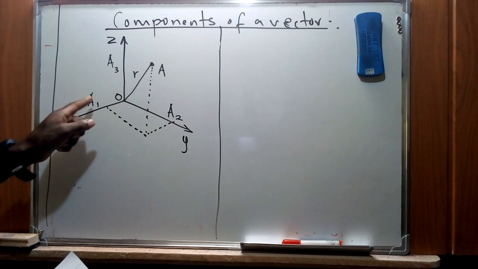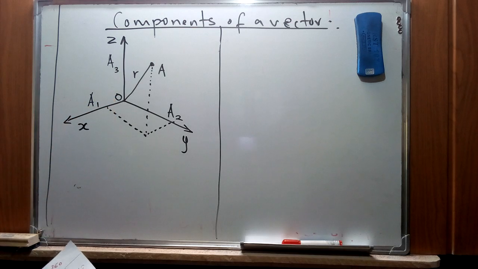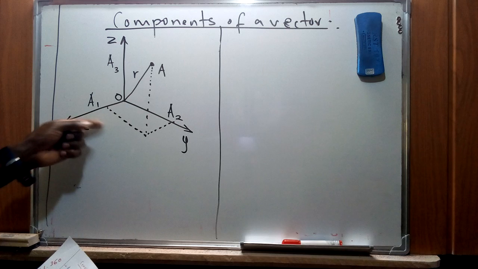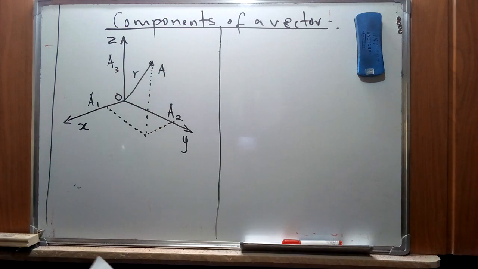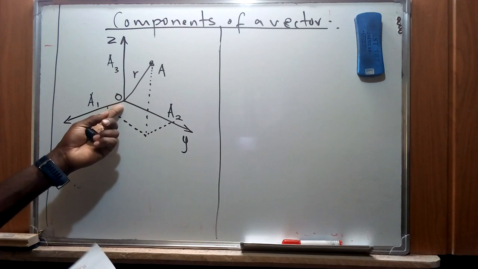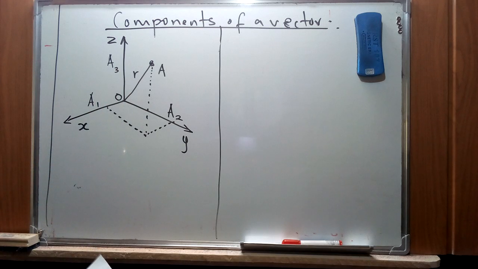And in this case, A1, A2, and A3 of these rectangular coordinates form the components of vector A, bearing in mind that this is with respect to the point of origin.